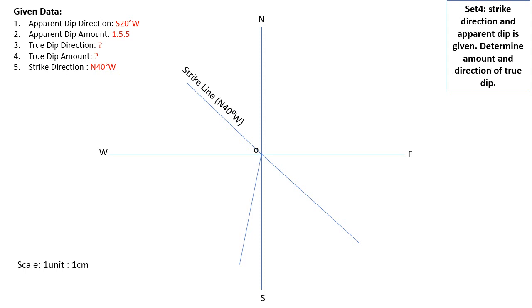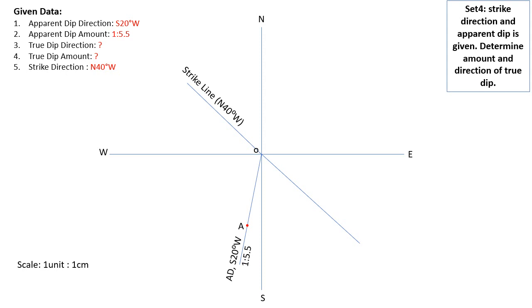From south towards west 20°. So here 10, 20, like that you have to measure the angle. So along this line, that is south 20° west, what is the amount? 1:5.5. Okay, so the direction is south 20 west, and amount here I have marked the point as A. Okay, that is 5.5.